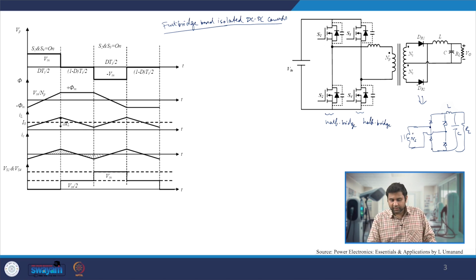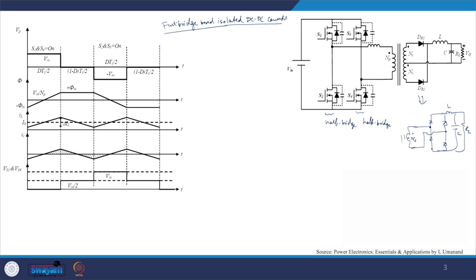Now if you look very carefully, here we have DC, and because of switching of these switches we are actually injecting a high frequency AC at the terminals of the primary winding of this transformer, and on the secondary side we are rectifying it and then applying it to the LC filter, which has the same kind of architecture as that of the push pull. It is nothing but a derived buck converter topology.